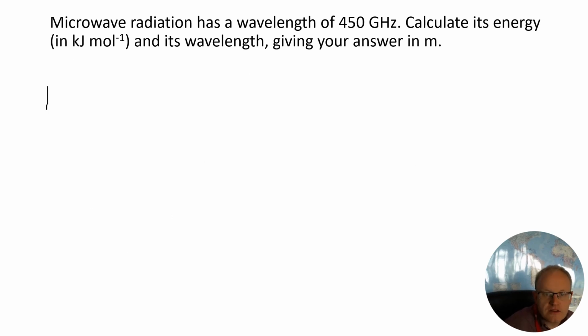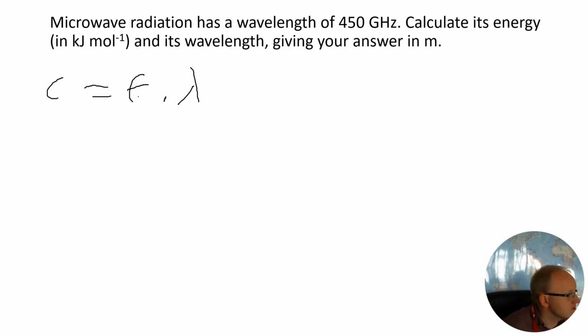So we know that E equals h times c over lambda. Although actually I think we can use a simpler version of this. Because we know that c equals f times lambda, I think that's the easiest way to approach this.